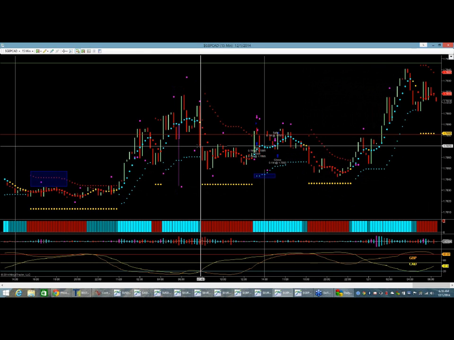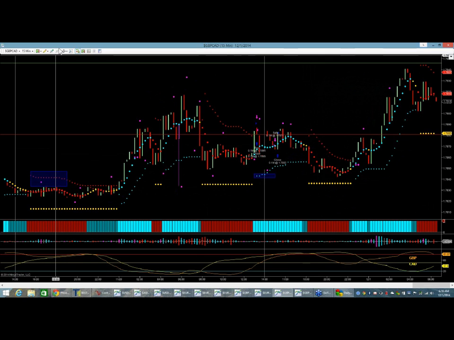However, the importance of these levels is something that I've been trying to get across to you guys. And the reason why is because whenever you see these power dots come out, what they're telling you is that there's momentum and volume buildup coming in.